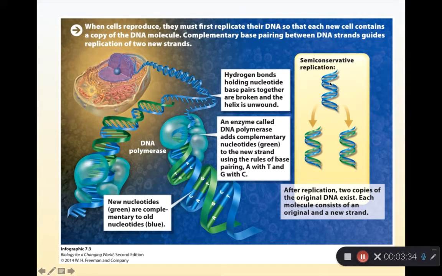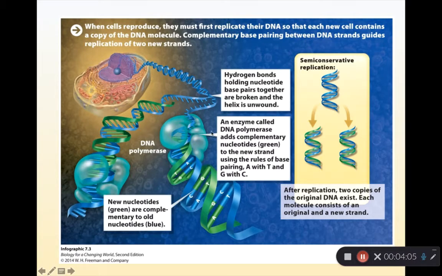In this region of DNA, the hydrogen bonds holding those base pairs are broken apart and unwound, and after replication, each new DNA will have a twist of the original strand on one side and a twist of the newly replicated strand.